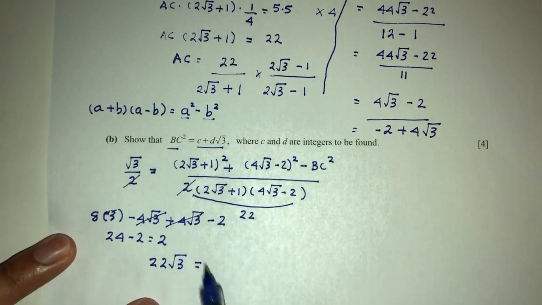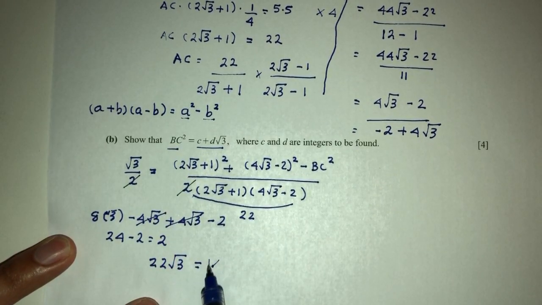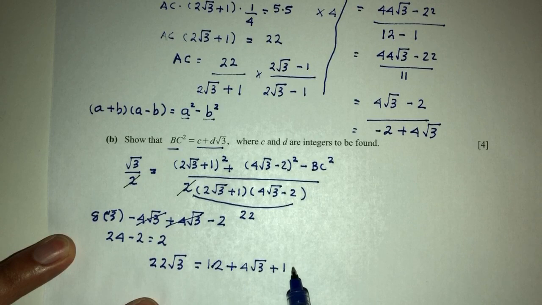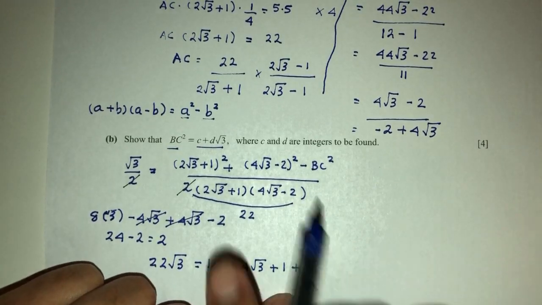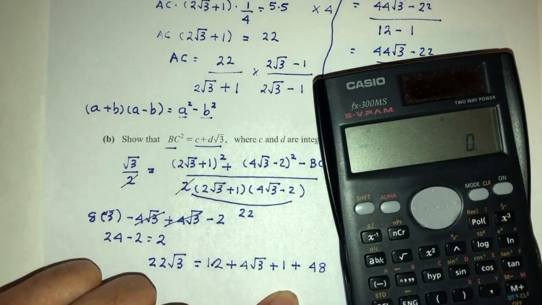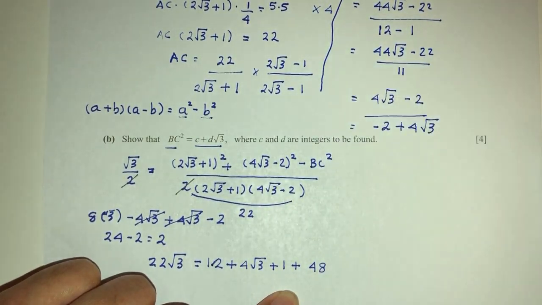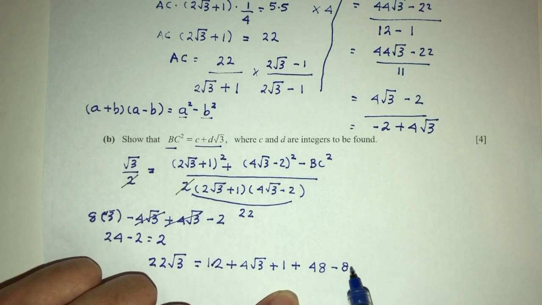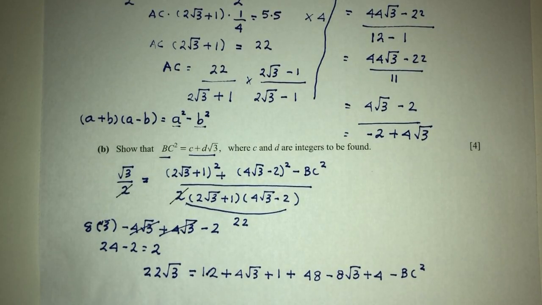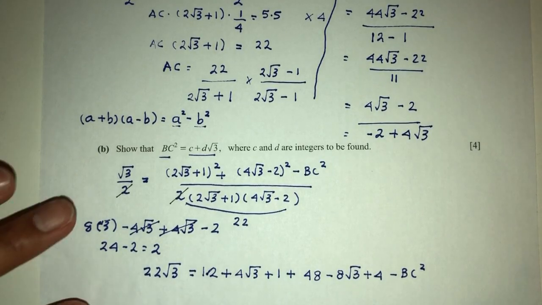You will have, this will become 4 times 3 will be 12, right? And plus 4 root 3 plus 1 plus, that will become 16 times 3, that will be 48. But let's check. 16 times 3, 48, good. Now minus, that will be 8 root 3 plus 4 minus BC square. But my question is, we have to find the value of BC square, so we have to make this become the subject of formula.